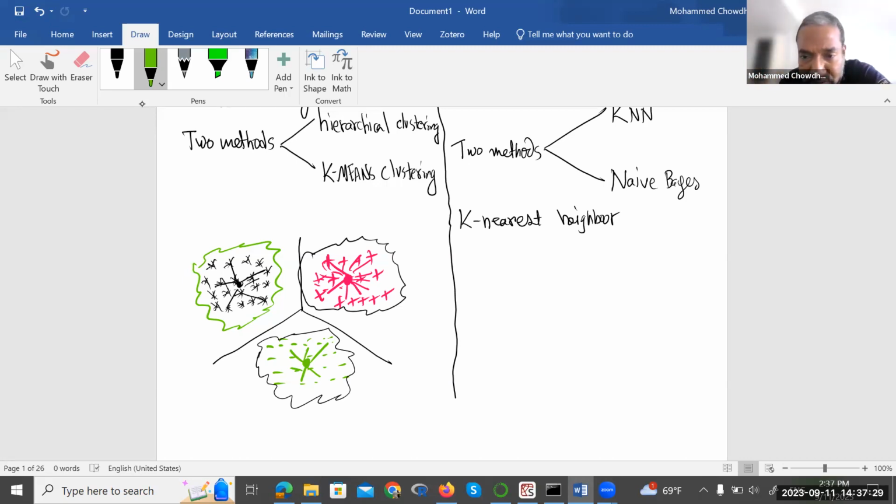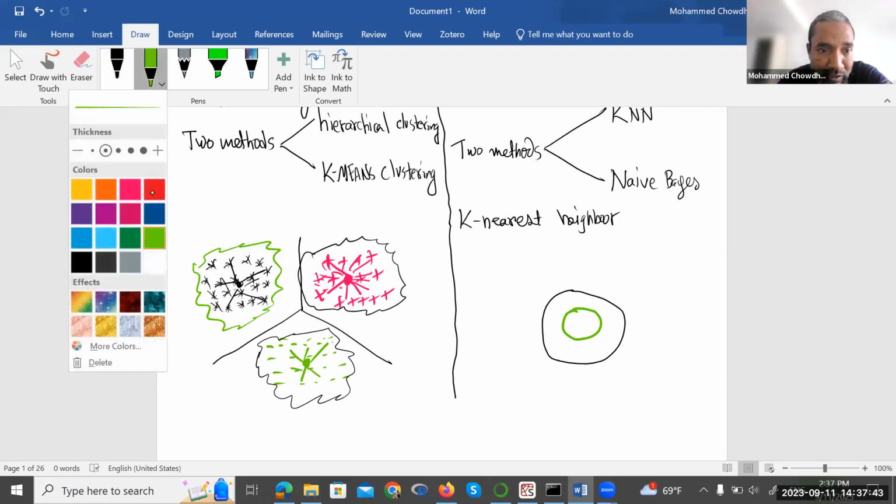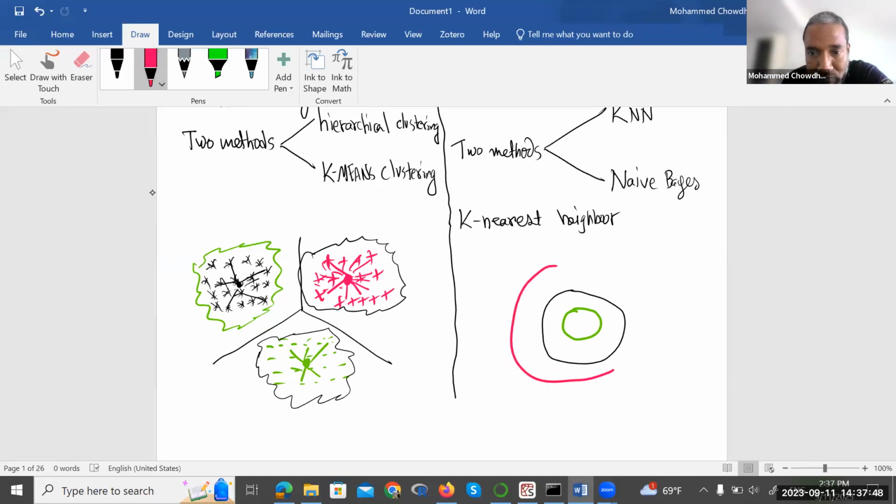So in order to discuss classification, suppose I want to find like this one, and then I want to take another color like this, and then another color like that. Okay. So now in these 3 circular formats, let us consider the smallest circle.